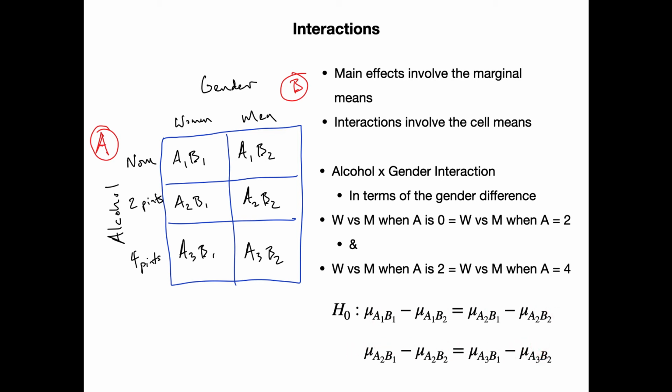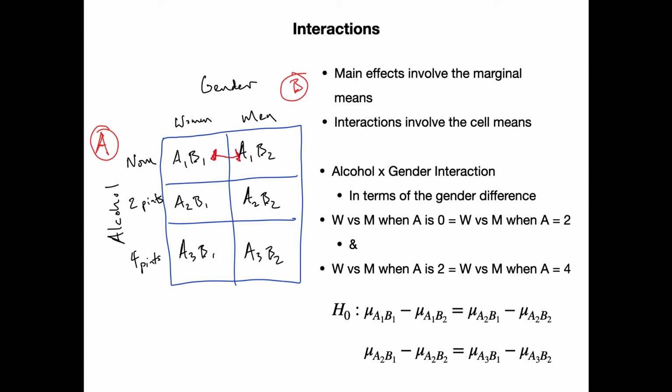Let's talk about what each of these things mean. What we want to know is the difference between women and men when alcohol is 0: is it the same as women versus men when alcohol is 2? The first part, women versus men, is this difference right here.